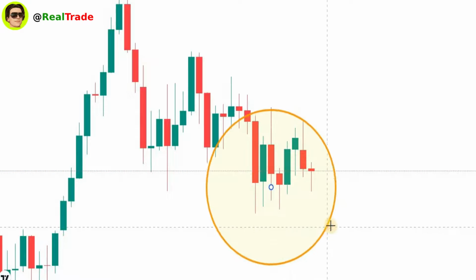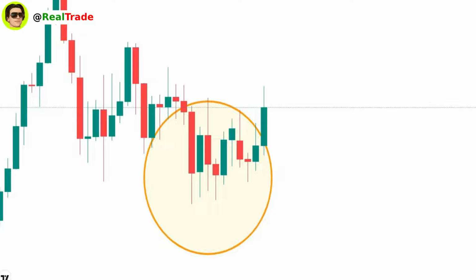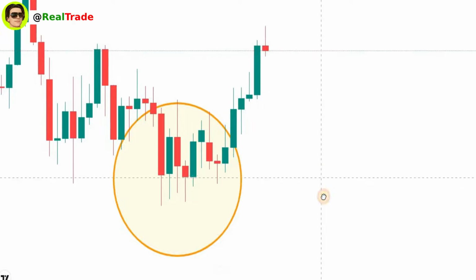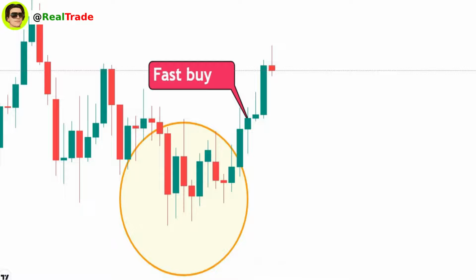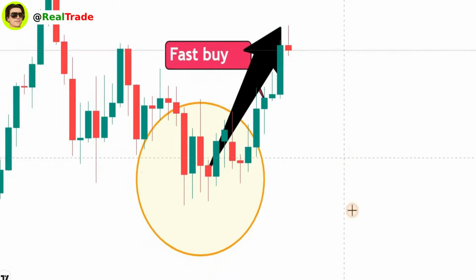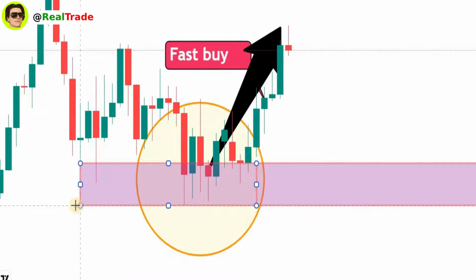Another example. Please look at the area. Yes. After fast buy, the end of the candle is return price. Local support, design local support.